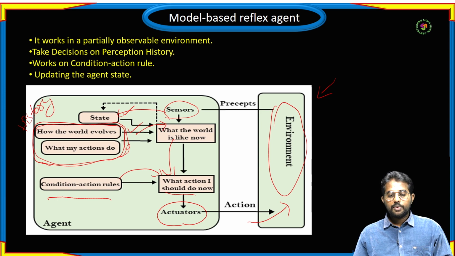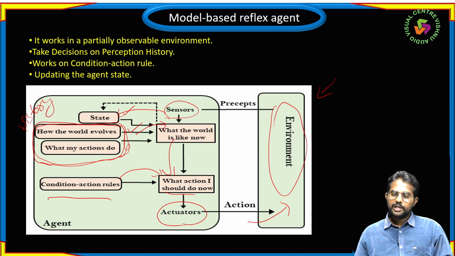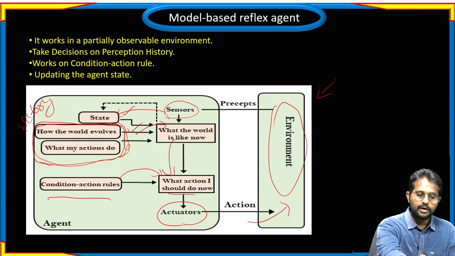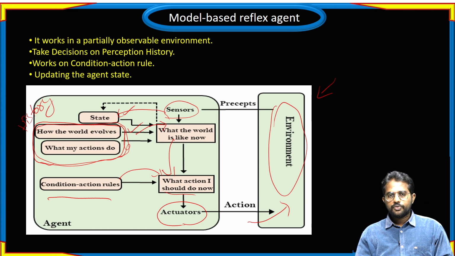In this model based reflex agent, after completion of the action, we will update the decision we have come across and the action we have taken. Both will be stored in the memory, and we will update that in the agent.